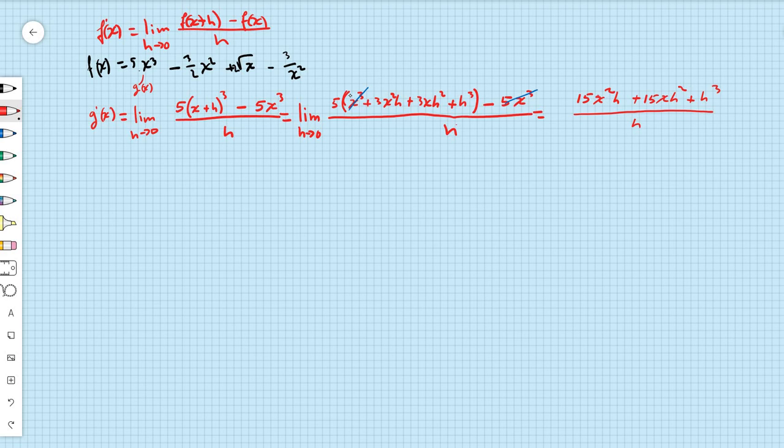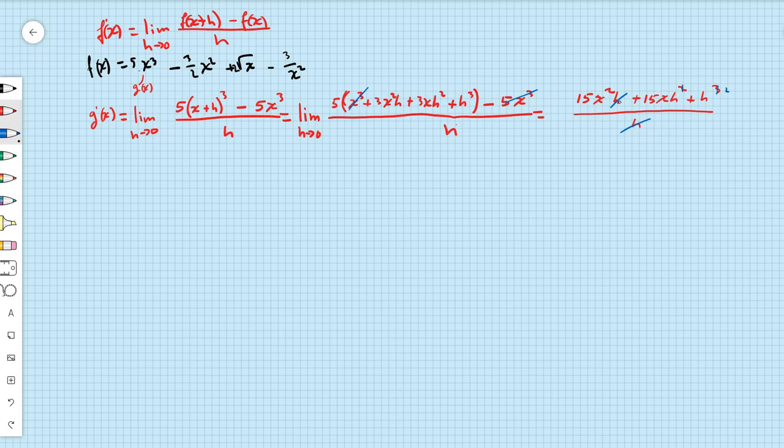We have h at the bottom and h on every term at the numerator, so we can go ahead and cancel out the h. This one will go away, this one there will be only one h left, this one there will be two left, and then this one goes away.